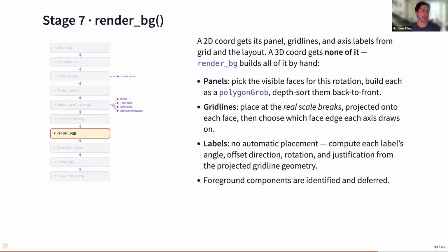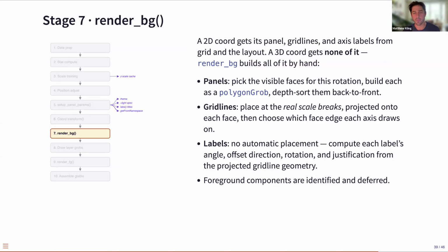So yeah, then getting into the final rendering. This next stage turned out to take a lot of the development time: rendering the background panels. Those are the panels that appear behind the data that give the plot its look and have the grid lines and the labels and all that, which happens automatically for a two-dimensional native ggplot.